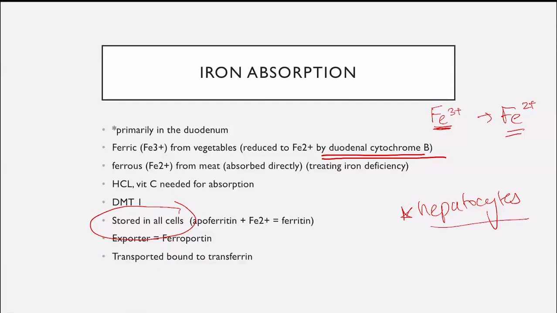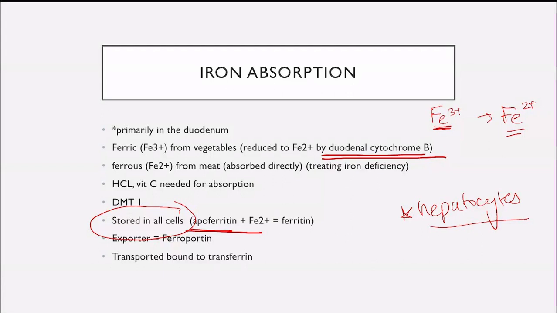And they're stored in combination with apoferritin. So there's this molecule called apoferritin, and once it combines with iron, it becomes ferritin, and that is how iron is stored inside of the cells.